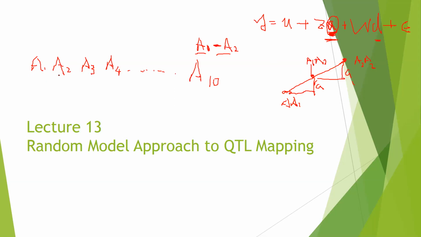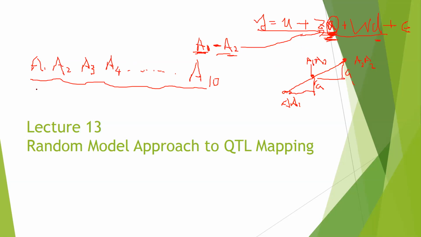So if we still want to use the fixed model, in this simple case we actually estimate the real effect of A1 and the real effect of A2, and the difference between these 2 gives you the little a value. If you have 10 alleles and still want to estimate the real effects, how many parameters do you need to estimate?